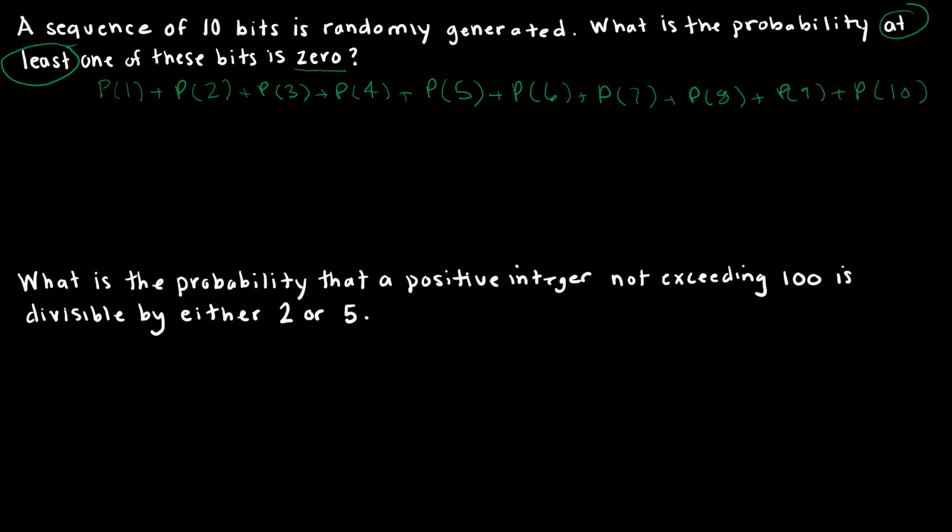Now let's think about the sample space here. The whole sample space is that I have 0 zero bits, or 1, or 2, or 3, all the way up to 10.